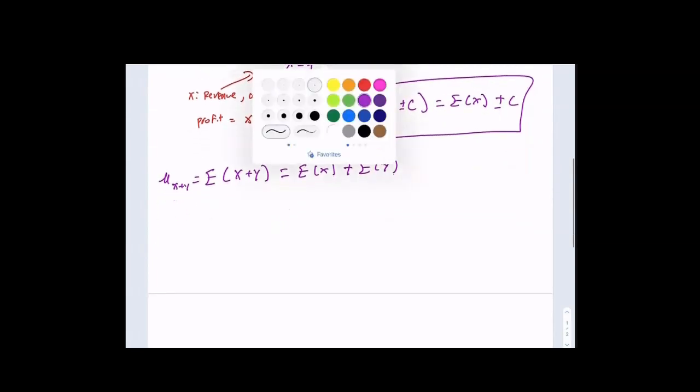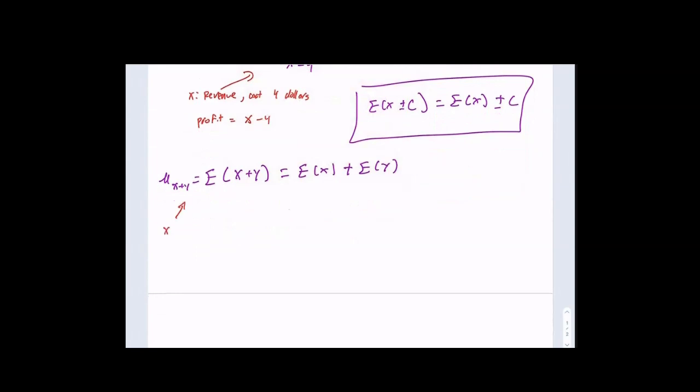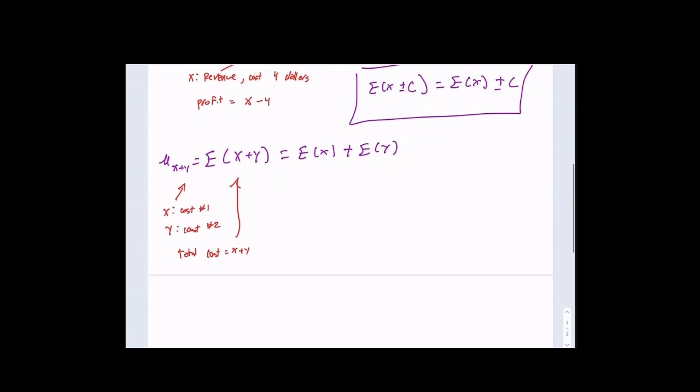What this means, for example, if x represents cost number 1 and y represents cost number 2, then the total cost is x plus y, which means we would just add the two expected values.